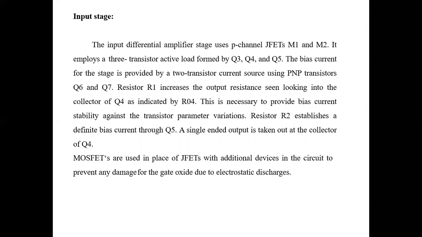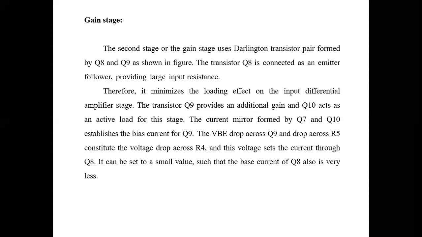MOSFETs are used in place of JFETs with additional devices in the circuit to prevent damage to the gate oxide due to electrostatic discharges.